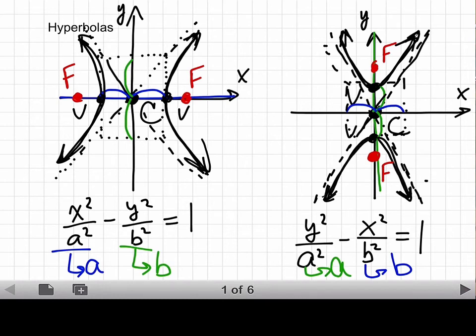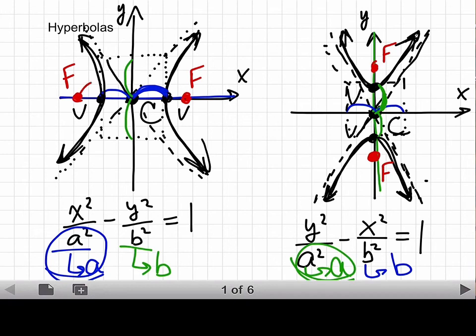Okay, so the way we've written all this out, a is always going to be the distance between the center and a vertex, whether it's horizontally oriented or vertically oriented. And whatever orientation we have, b is going to give the other dimension of the fundamental rectangle.